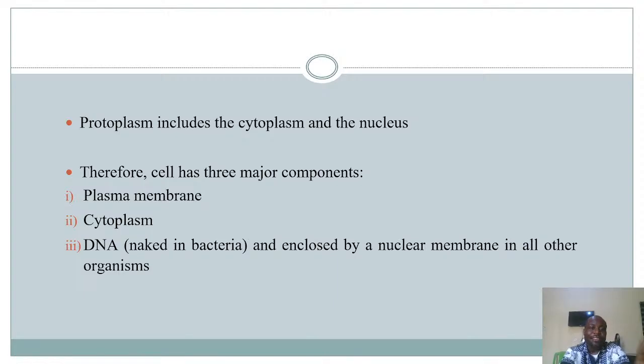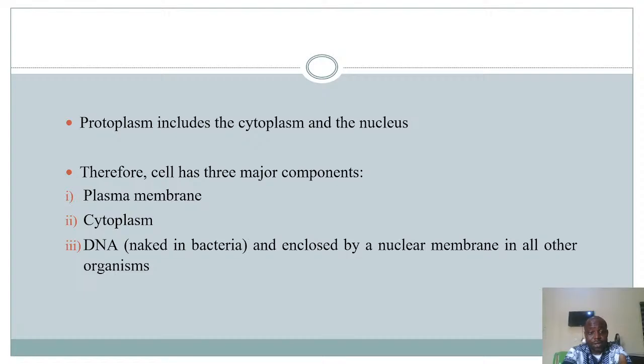Therefore, cells have three major components. They include the plasma membrane, which is like the envelope that surrounds the protoplasm. You have the cytoplasm, which is the space within that plasma membrane. And then you have the DNA, which in most cases is enclosed in a nuclear membrane in some organisms.